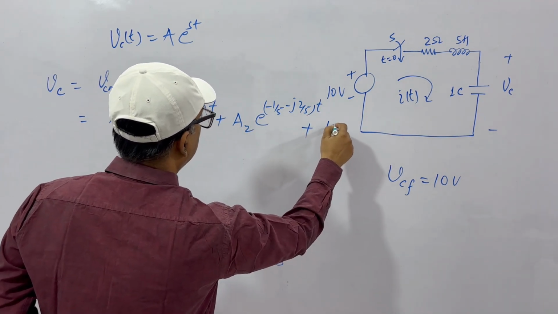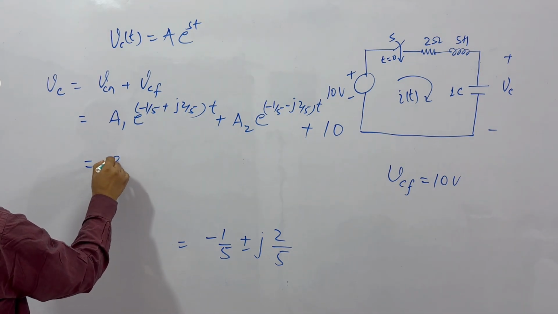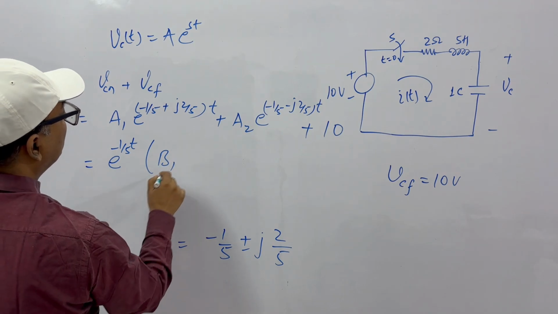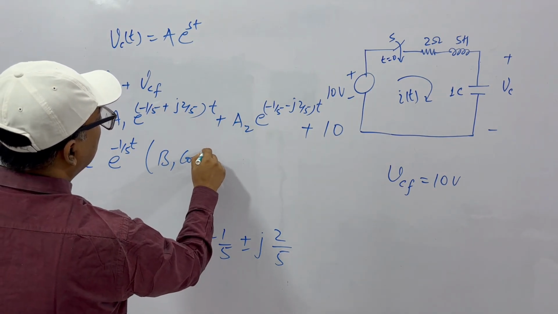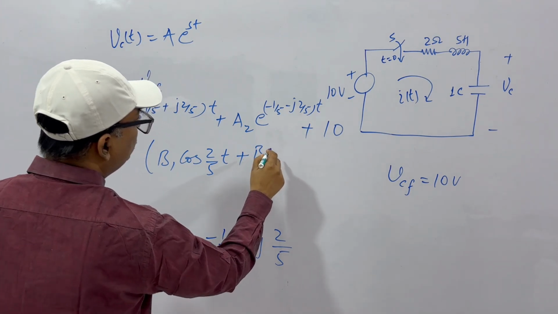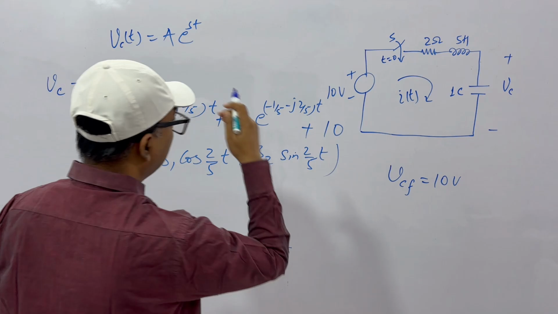So this is your equation. Or if you take e to the power minus t/5 out, what you get is b1 cos 2t/5 plus b2 sin 2t/5.